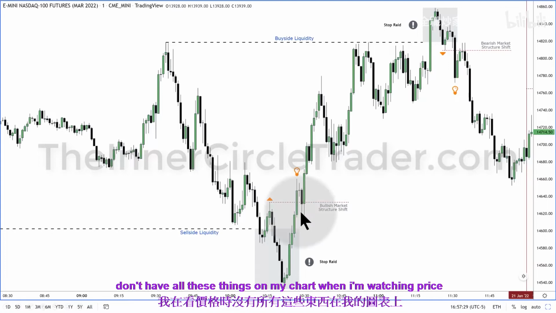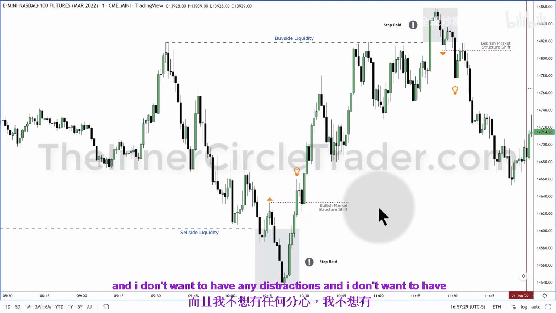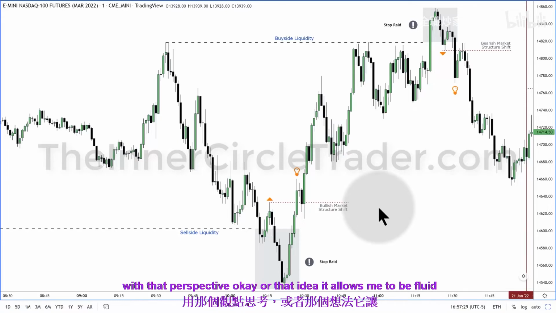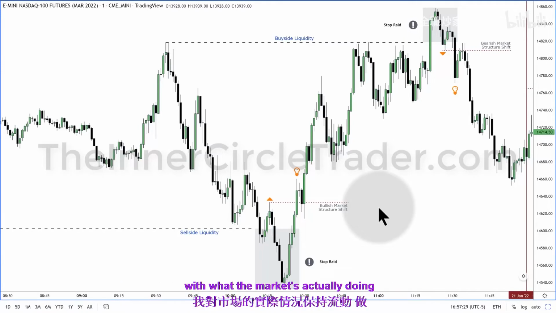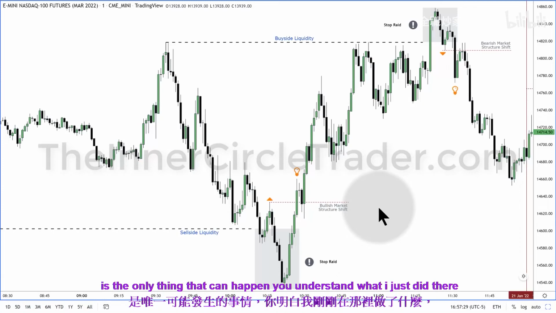Now, I don't have all these things on my chart when I'm watching price because I already know what I'm looking for. I don't want any distractions, and I don't want a level or some kind of annotation that's going to keep me thinking only with that perspective or idea. It allows me to be fluid with what the market's actually doing versus saying, this is what I think is going to happen, and this is the only thing that can happen.